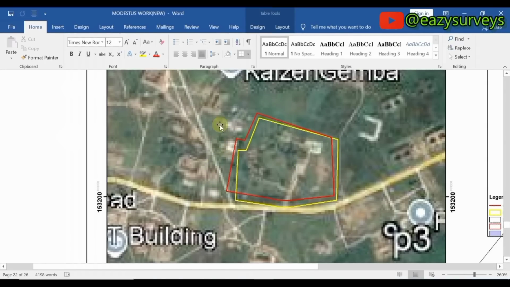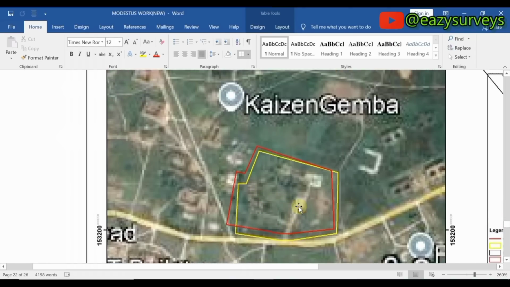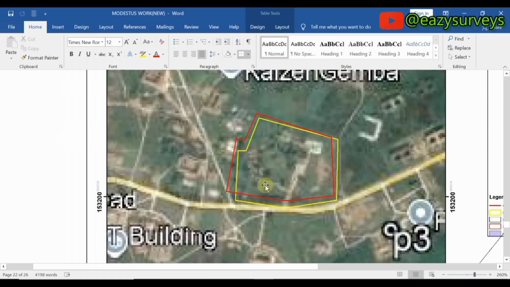I extracted this perimeter from the AutoCAD drawing, then imported it into ArcGIS and overlaid it on the georeferenced Google Earth imagery. So this red is the reference perimeter survey, done with the ground method.